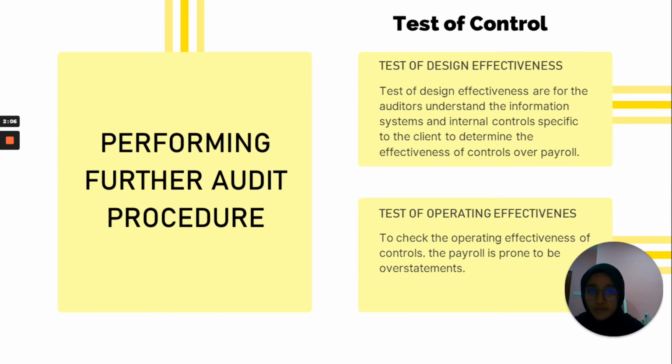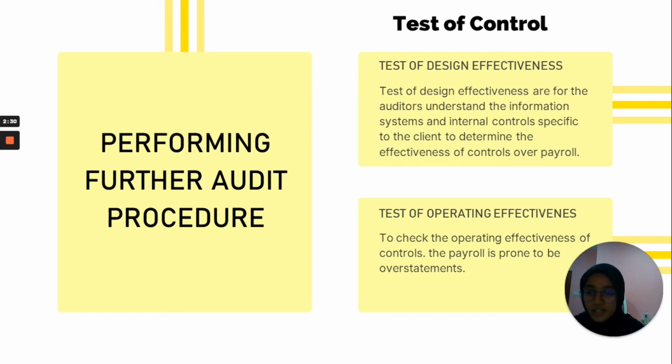The timing for this test is primarily during interim work, and the risk component for this test is control risk. Auditors need to understand the functions within the payroll transaction to determine the necessary controls and the potential misstatements, because payroll tends to be prone to overstatement.